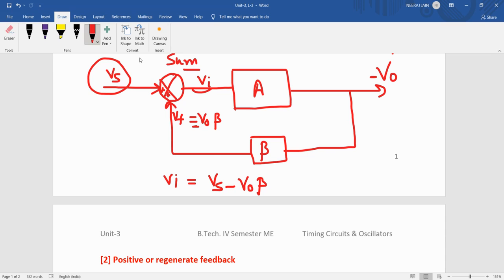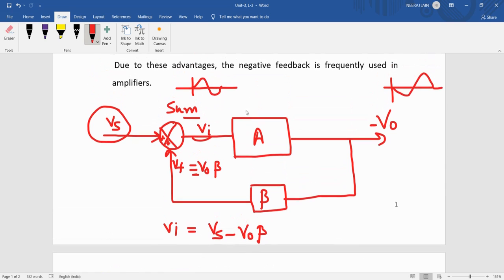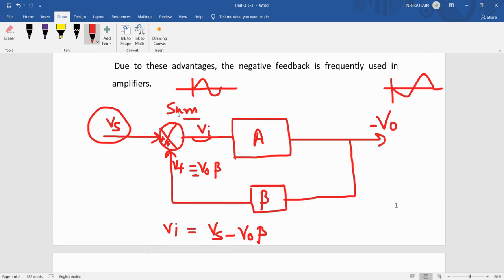That is the negative feedback because the output is not in phase with the input.